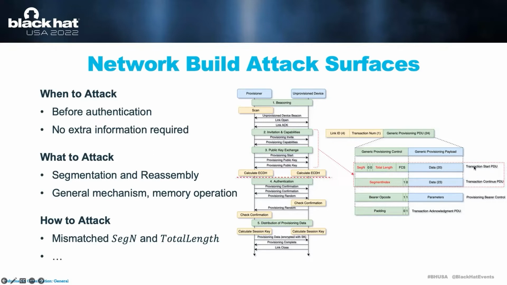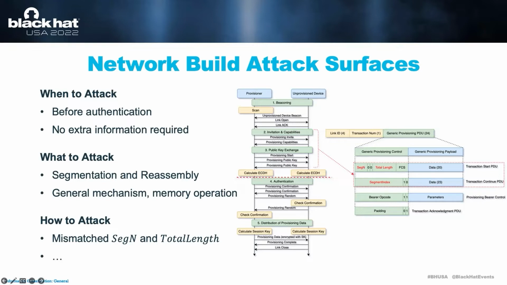Here, the transaction start PDU is the first segment, and the transaction continue PDUs are the remaining ones. We consider segmentation and reassembly a perfect target because it is a general mechanism supported by all the mesh devices. Meanwhile, receiving and caching segmented packets involve memory operations, which are very likely to cause memory corruption.